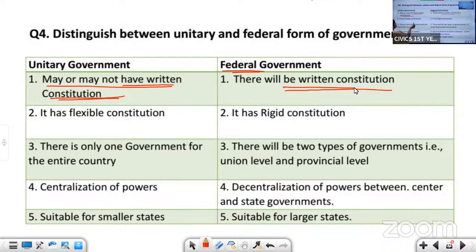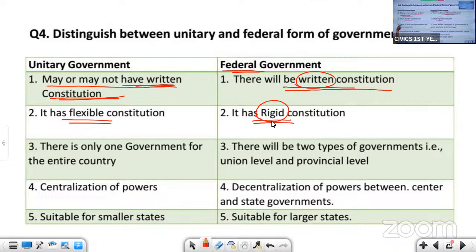When the constitution is not written, that is, it is in unwritten form, then it can be a flexible constitution. So unitary government has a flexible constitution and federal government will have a rigid constitution, because I told you whenever a constitution is written, it is rigid. All written constitutions are rigid, and all unwritten constitutions are flexible.